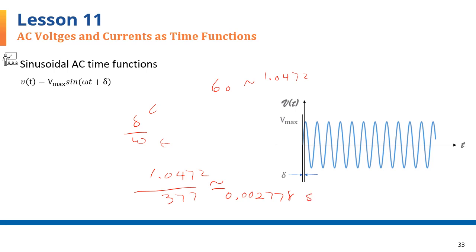In terms of a fraction of a cycle, this is exactly 1/6 of one cycle, as you divide 60 over 360, the answer is 1/6.